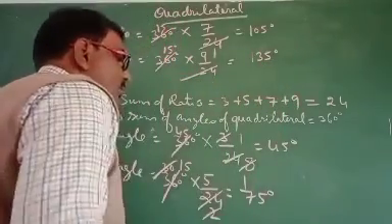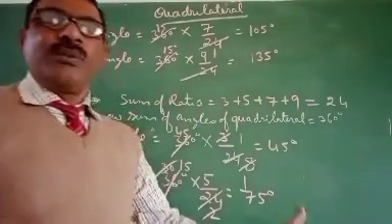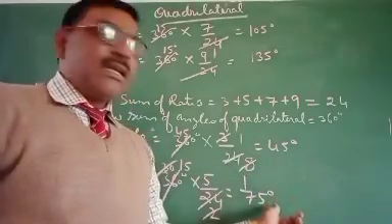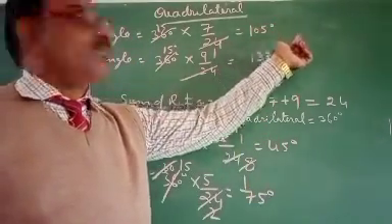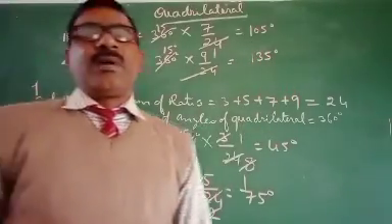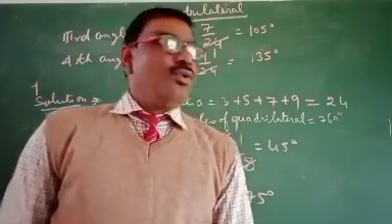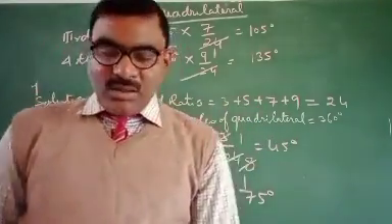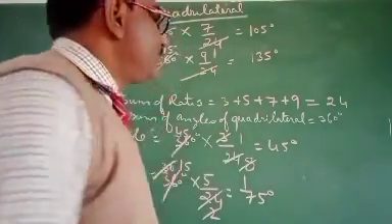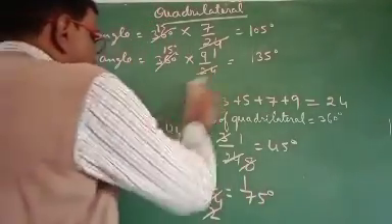So the first angle will be 45 degree, the second angle 75 degree, the third angle 105 degree and the fourth angle 135 degree of the quadrilateral, whose ratio is 3:5:7:9. Now I will revise the next question.